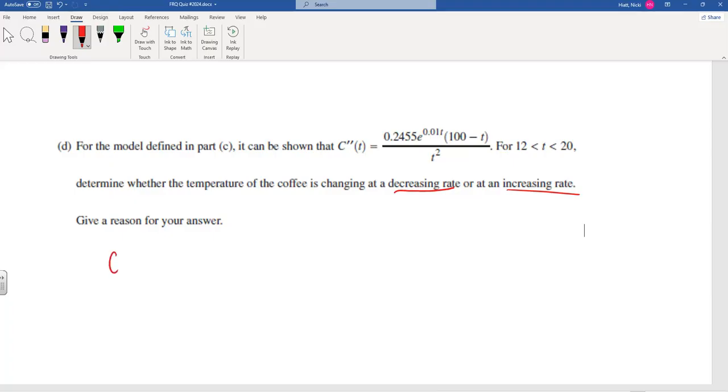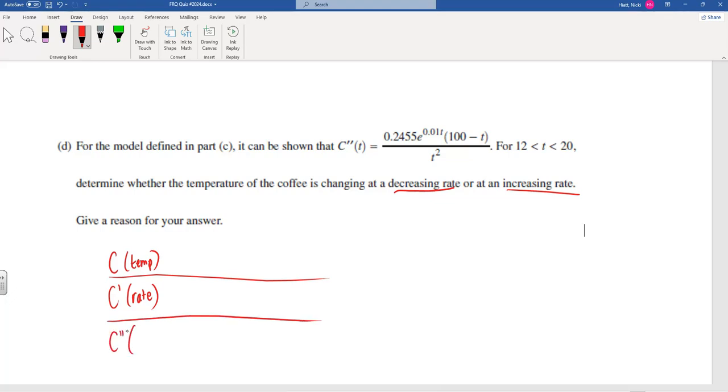So C is your temperature of your coffee, C prime is your rate, C double prime is your rate of rate. So we want to know whether C prime is increasing or decreasing, right? We want to know if the rate is increasing or decreasing.